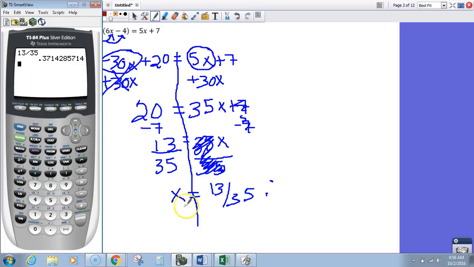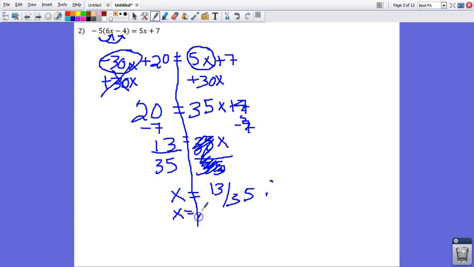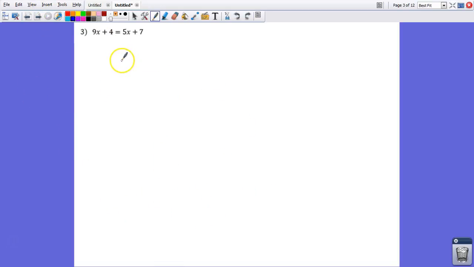Okay, so also x could be 0.37 approximately, right? Approximately. So I've got to make that wavy right there. All right, you guys, let's move on to the next question.